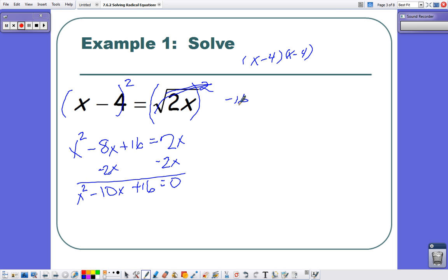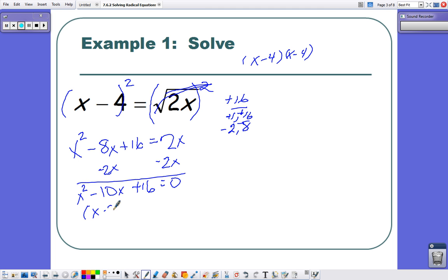So if I do negative 1 and negative 16, those don't add up to 10. Negative 2 and negative 8, I need a positive 16 here, my fault. If you look, negative 8 times negative 2 gives me positive 16, and when I add them I get negative 10.